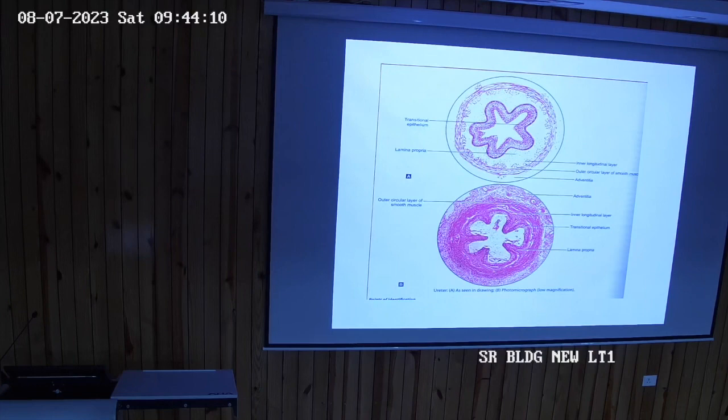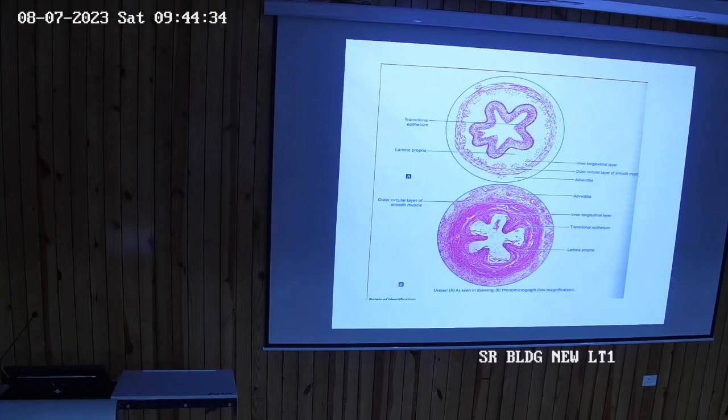Only by the muscular coat we can distinguish whether the section is upper two-third part or lower one-third part. If the section is taken from lower one-third part, then there is extra longitudinal muscular coat, outer one. So there will be the three coats: inner longitudinal, middle circular, and outer longitudinal muscle coat.